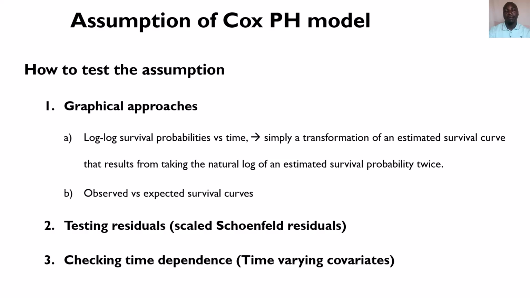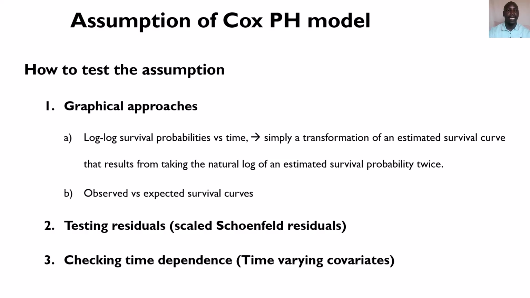So how do we test for these assumptions? There are three main ways that we can do this in Stata. One is the graphical approach. We've just looked at it. A plot of survival probabilities against time can give us an idea of whether this assumption has been fulfilled or not. We can also have survival curves for observed versus expected survival probabilities, and we interpret them.